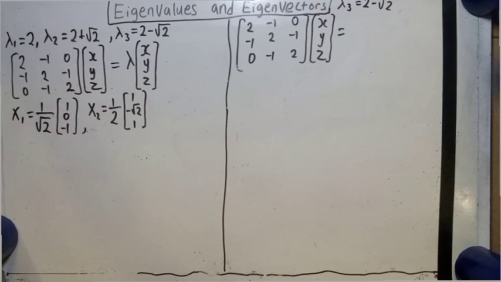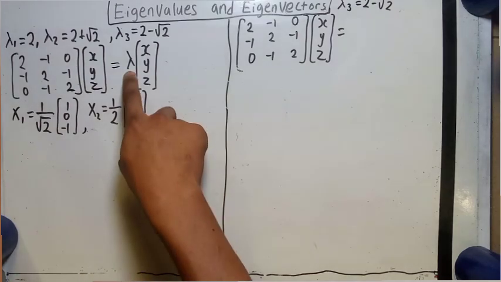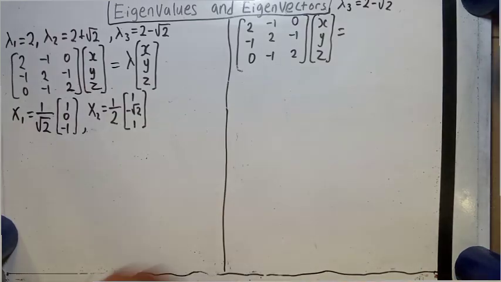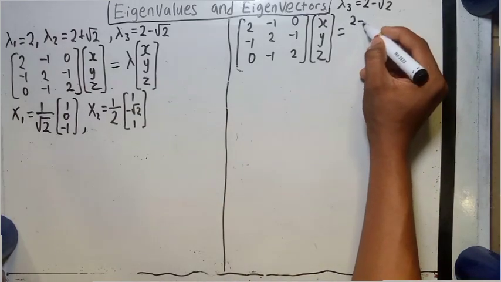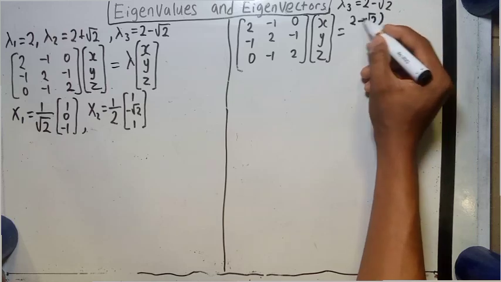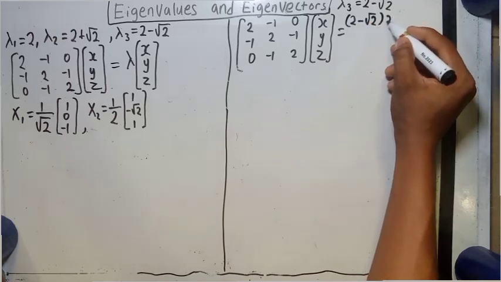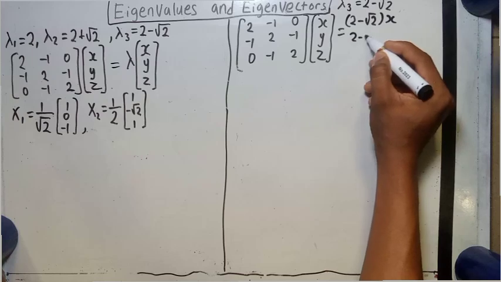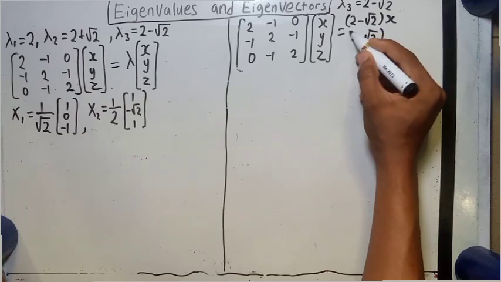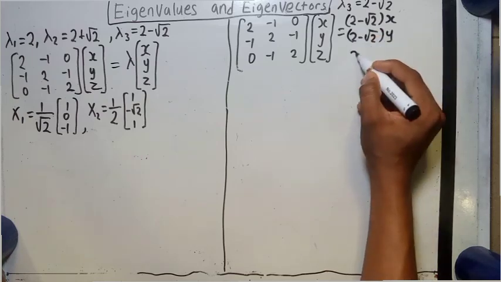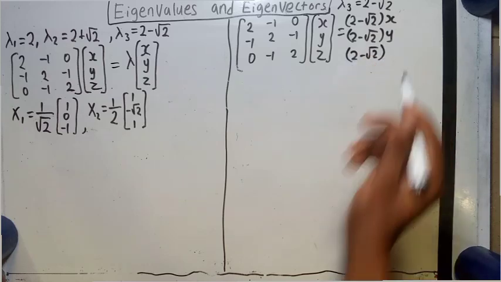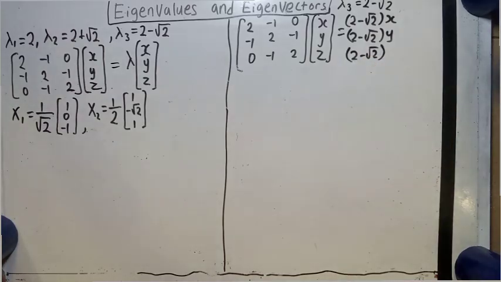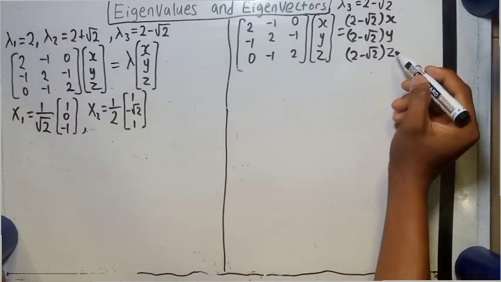Now, when we sub in, that's to replace this guy with this guy, we have 2 minus lambda 2 all multiplied by x, 2 lambda 2 multiplied by y, 2 lambda root 2, lambda 2 minus root 2 multiplied by z.